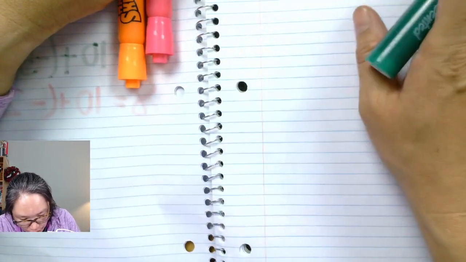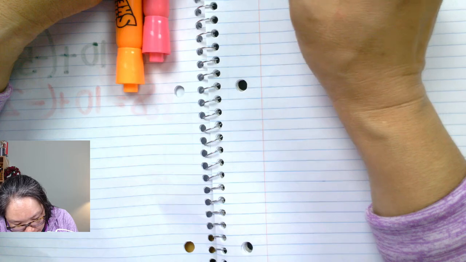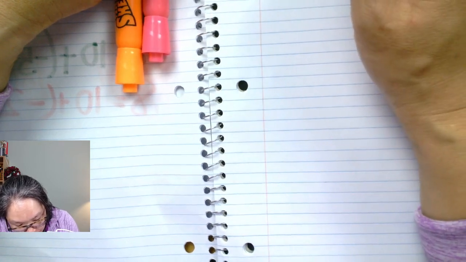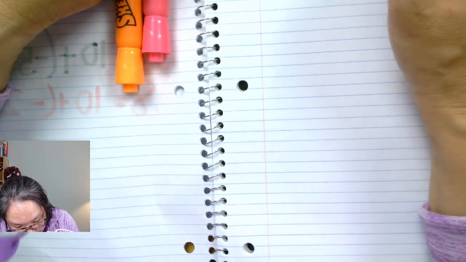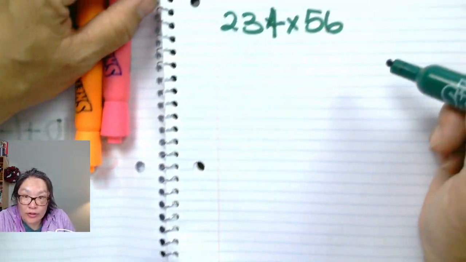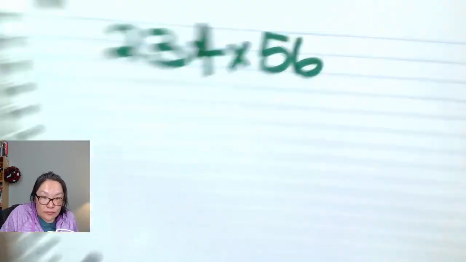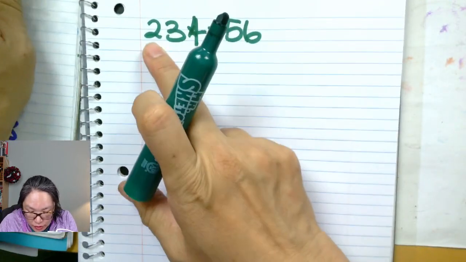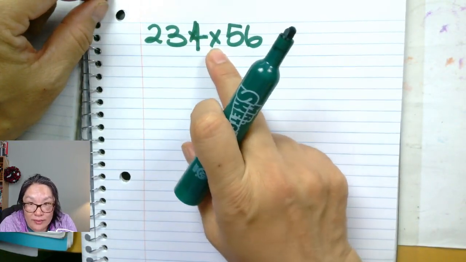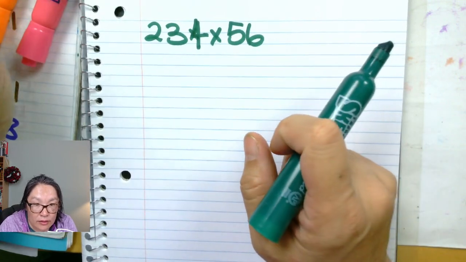Multiplying, it is left to right. So if we did 234 times 56. Oh, you can't see that. Right? 234 times 56. Is that what we're talking about?